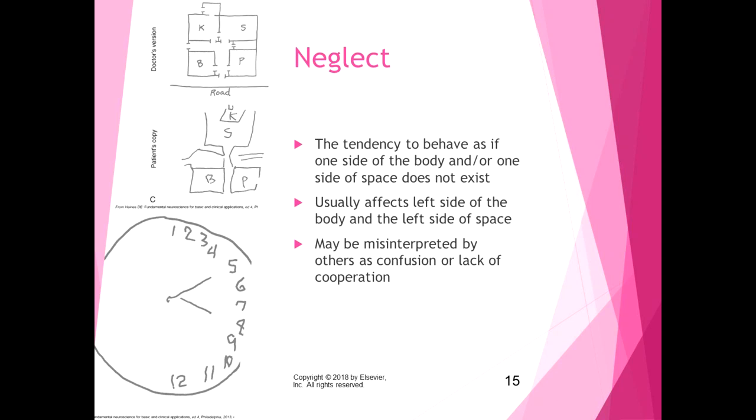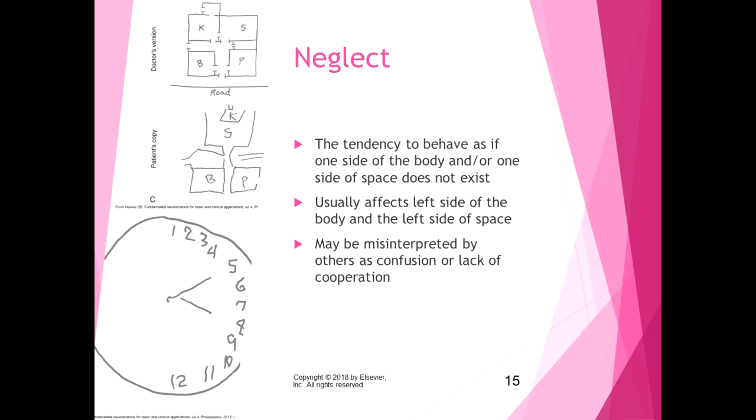So these are some drawings that people with neglect have drawn. And the top one is, the doctor had this picture and the person needs to reproduce it, and this is their drawing. So there's a lot of stuff missing on the left side. And the bottom picture is the person's asked to draw a clock, put in the numbers, and set the hands to a specific time.